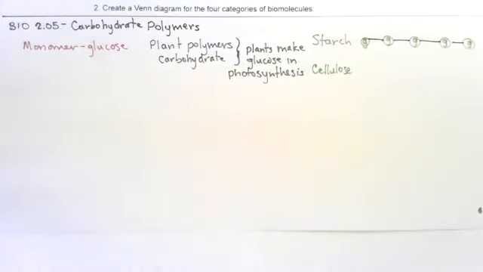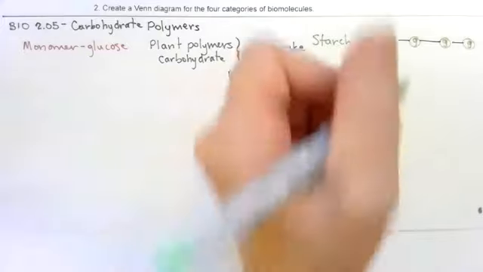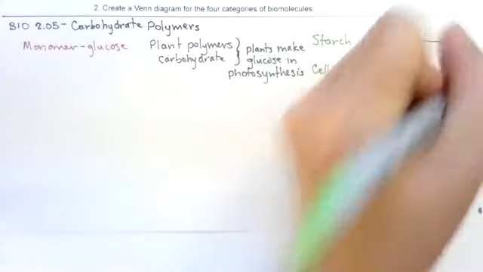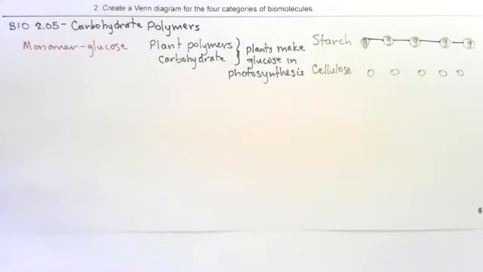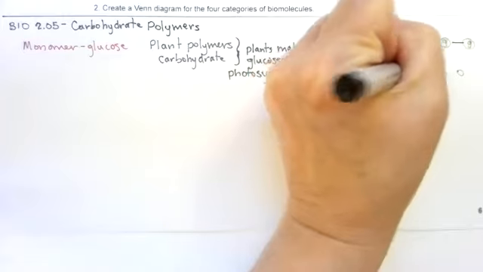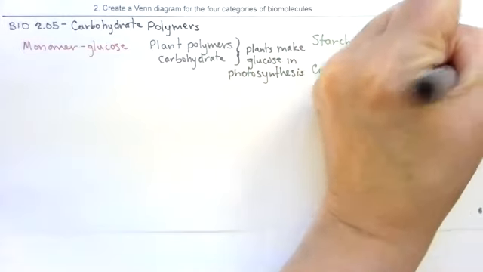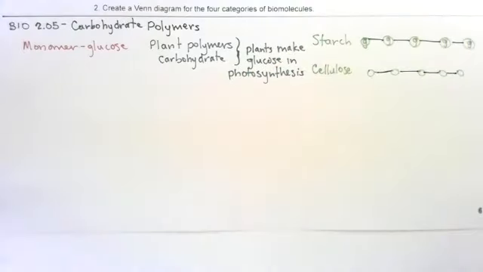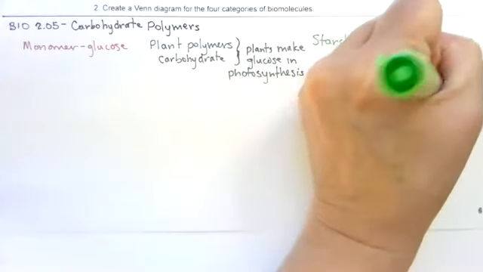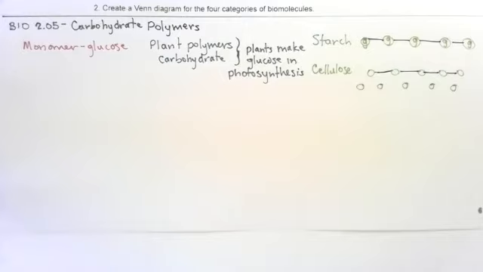And I'm just going to make my little glucose as circles this time, and I'm going to show you how cellulose is different. Let's hook these together. I'm going to put another chain right next to it. I'm going to hook those together.